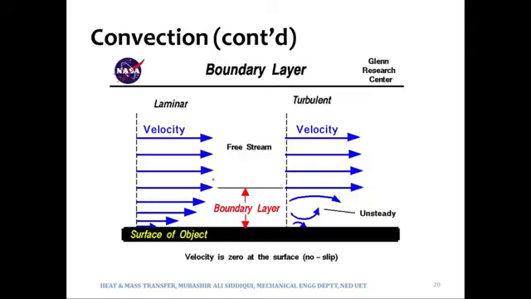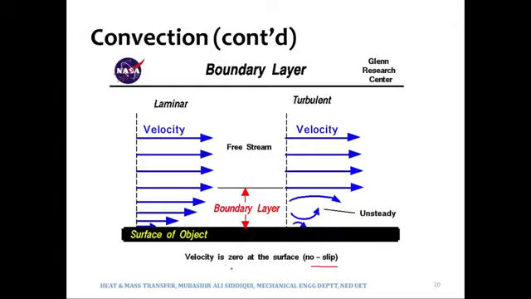This is a good diagram in the sense that it is explaining first of all the no slip condition that I had just explained a little earlier, that the velocity is zero at the surface, which is what we call the no slip condition.